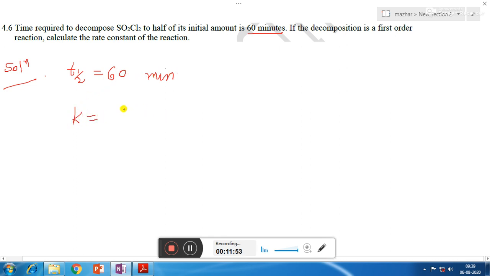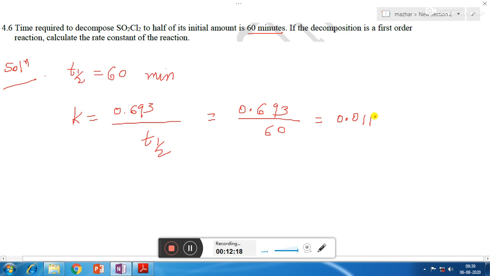For first order reaction, K equal to 0.693 upon T half, so that is equal to 0.693 upon 60, which will be equal to 0.01155. Now the denominator T half was in minutes, so K will be in terms of minute inverse. So that is our answer.